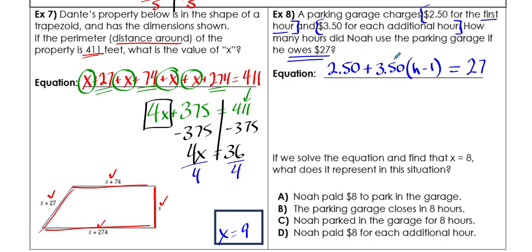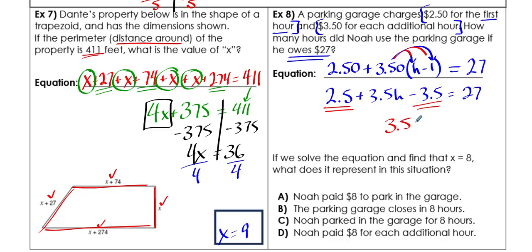So I'm going to distribute first. So I get 2.5 plus 3.5h minus 3.5. I distributed that 3.5 into both of these. Now I can combine like terms. Just going to subtract 2.5 minus 3.5, that's negative 1.